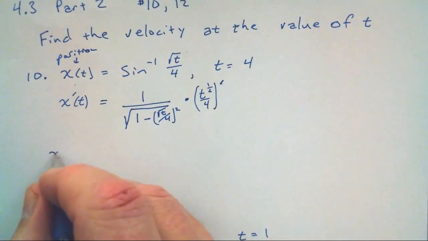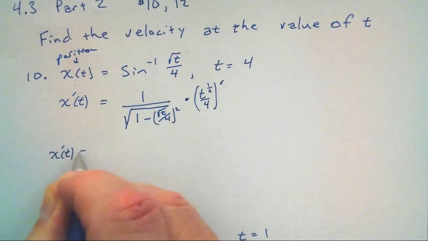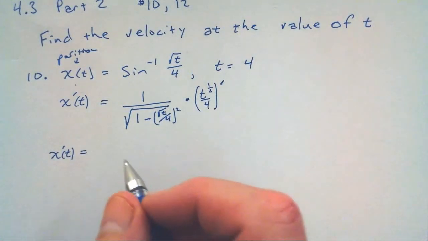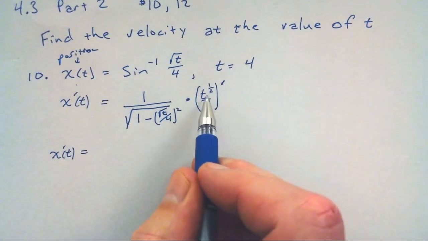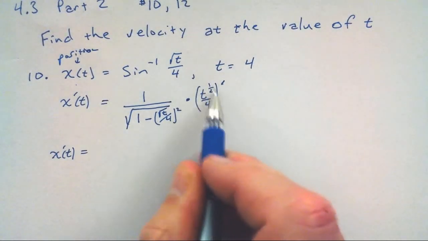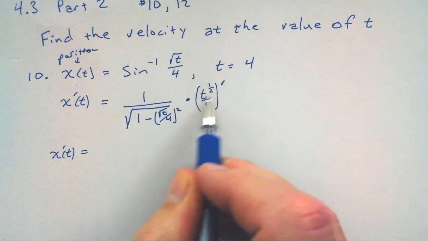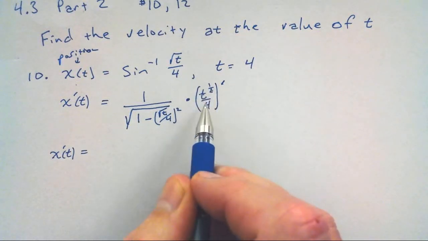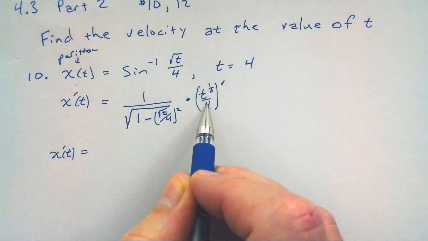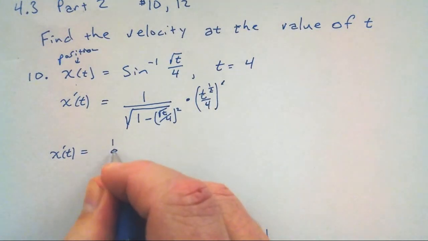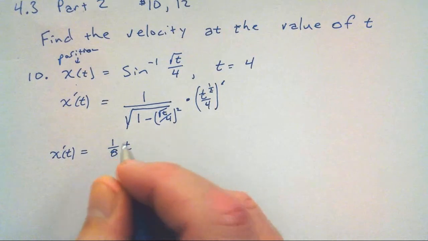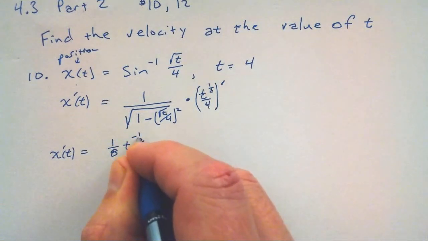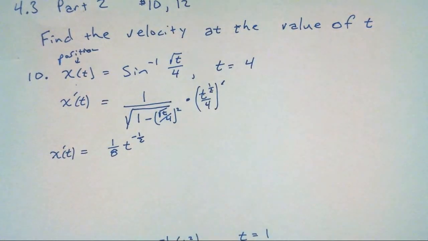Okay, so x prime of t, or the derivative of x with respect to t, dx/dt, is, I think I'm going to take care of this into the numerator right here. I'm taking the derivative of this. I get 1/2 t to the negative 1/2 over 4, or I get 1/8 t to the negative 1/2.